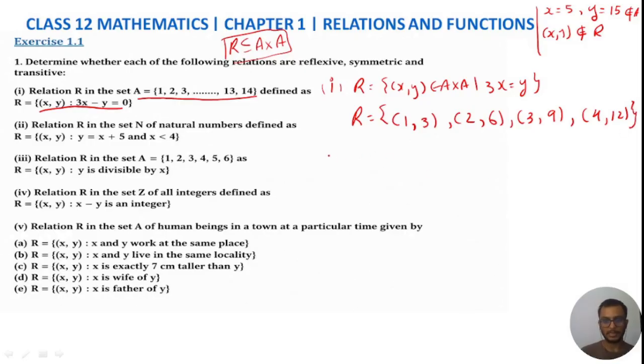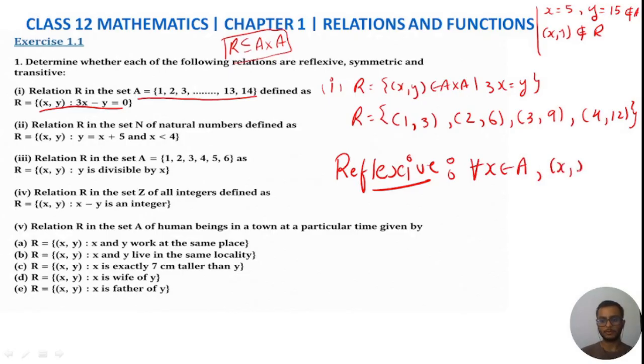Now let's see whether R is reflexive, symmetric and transitive or not. First let's see reflexive. For reflexive, we should have that for every x from A, (x, x) should be in R. If this holds for every x in A, the relation R is called a reflexive relation.